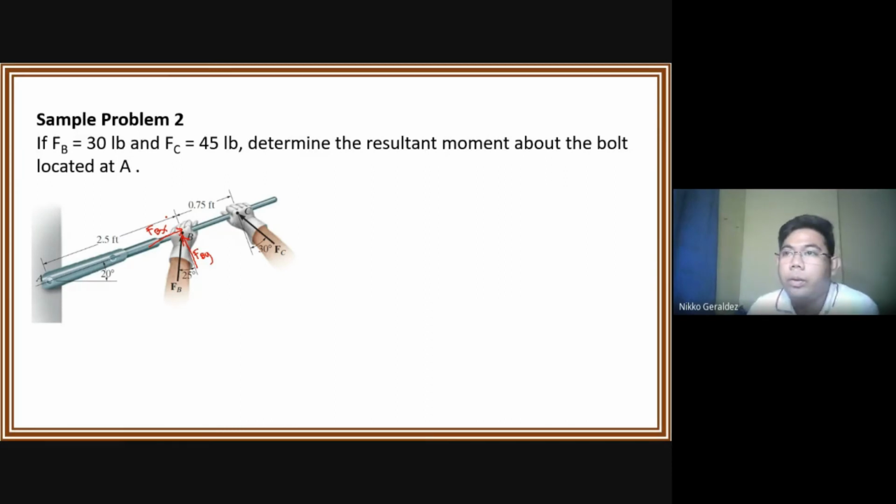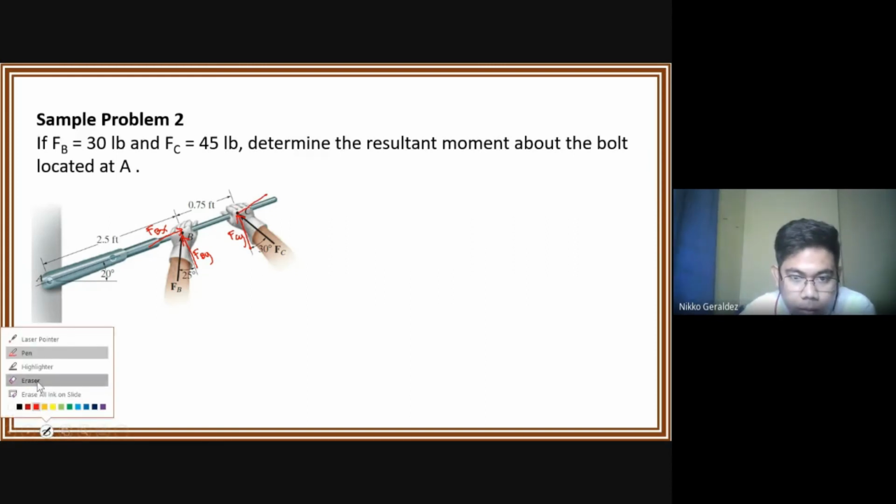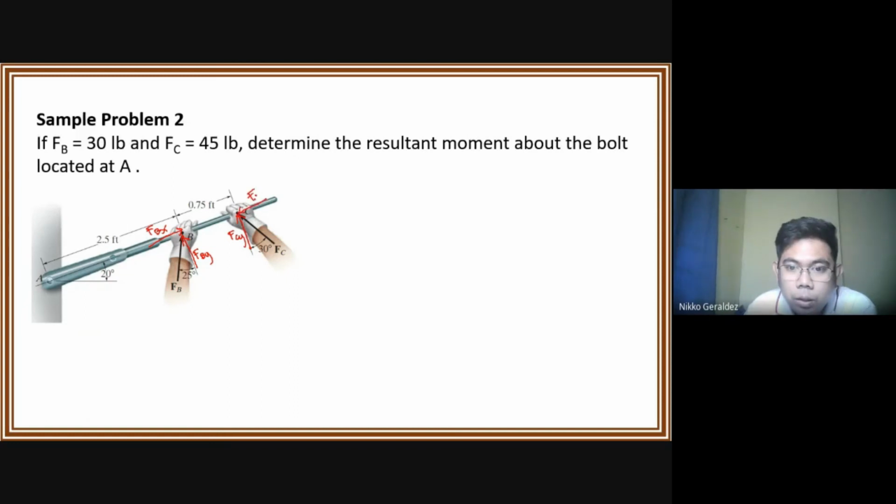So, yun yung components ng force B. Then force C. Tawagin natin siyang FCY. Then yung X component, FCX. So, yun. Ano next?